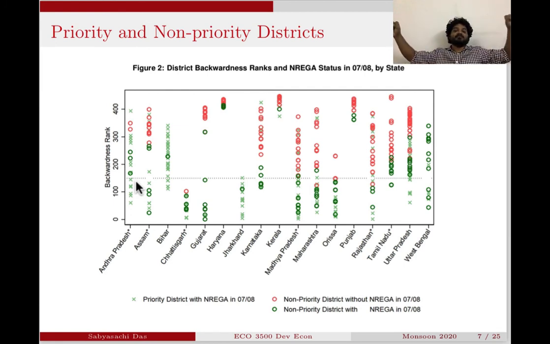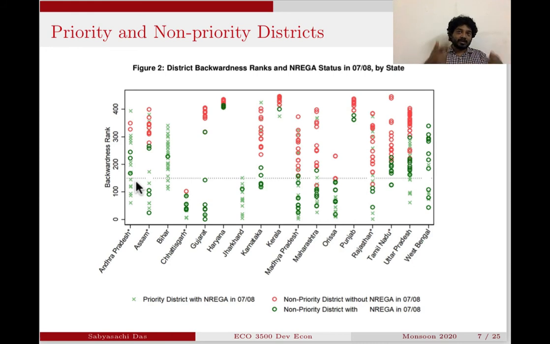So 0 means that's the cutoff for all states. So you have a uniform cutoff, because if you don't do this normalization, then different states have different cutoffs, right? But for RDD you need one running variable for the entire sample, and one cutoff in the running variable.